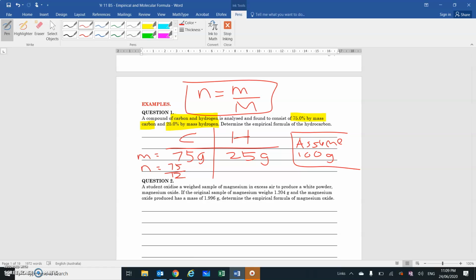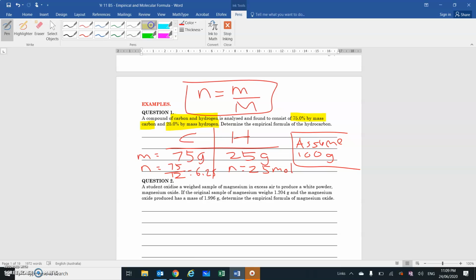We got that 12 from the periodic table. 75 divided by 12 gives us 6.25 mole. And for hydrogen, it's just 25 divided by 1, so that gives us 25 mole.